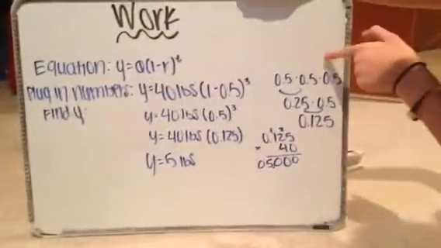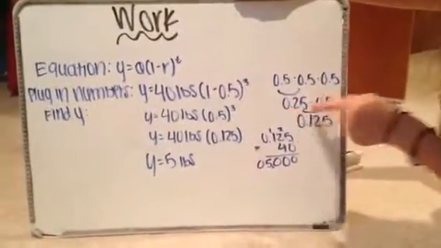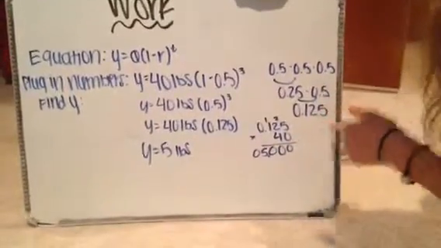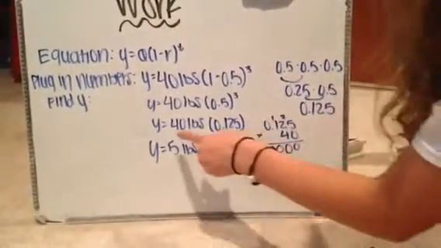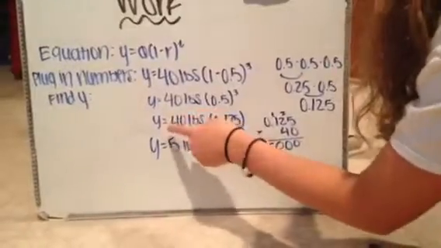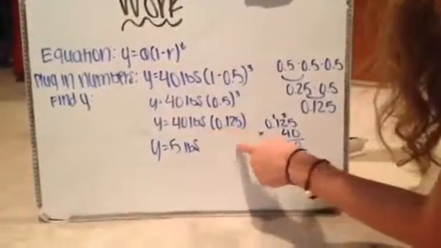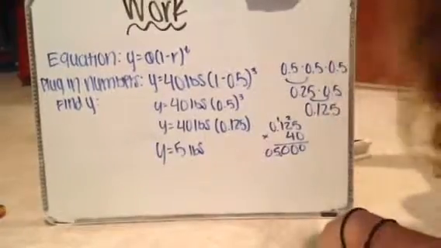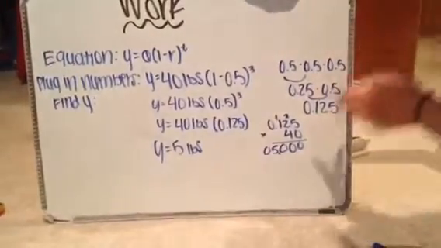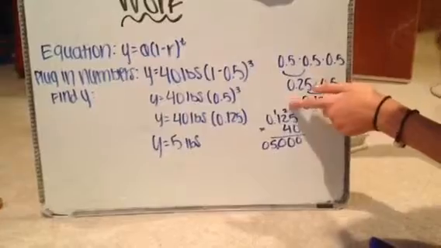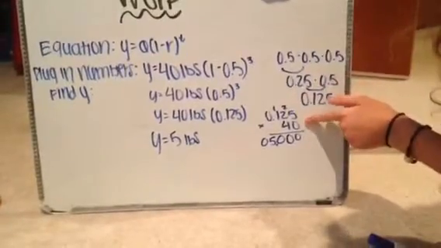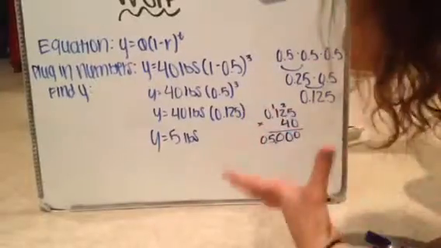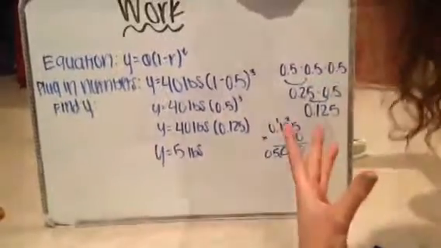But you still have 0.5 left, so you do 0.25 times 0.5, which gives you 0.125. So then you do 40 pounds times 0.125. Over here you can see that we did the work, and 0.125 times 40 equals 5. In total, it equals 5. So that means what you have left is 5 pounds.